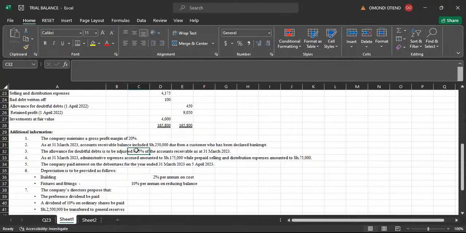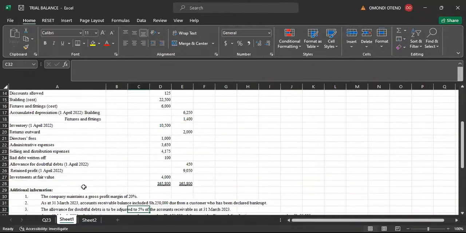The depreciation is to be provided as follows: 2% per annum on cost. Then fixtures and fittings, 10% per annum on reducing balance basis. The company's directors propose that the preference dividends be paid. The preference dividends, remember, they are supposed to get a fixed dividend amount, a fixed rate.